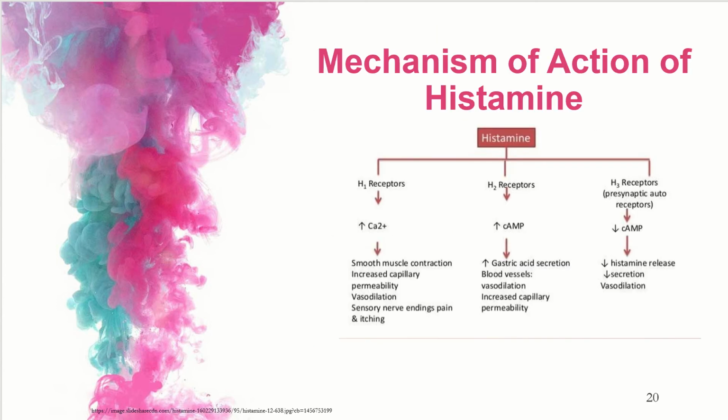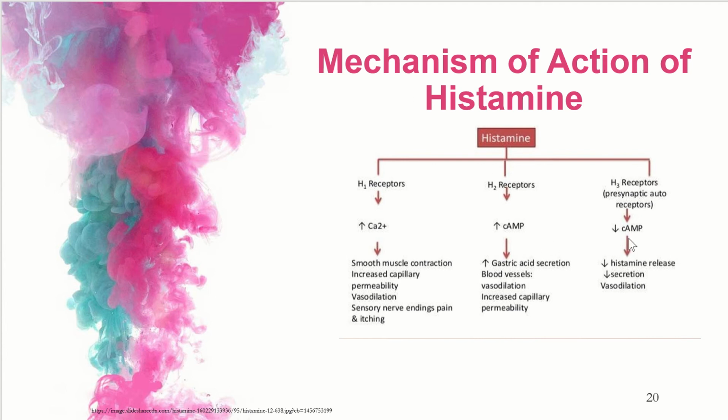And just to summarize what was on that previous slide in terms of the mechanism of action of histamine, we're saying that for the H1 receptors, it causes an increase in calcium ions, which therefore causes smooth muscle contraction, increased capillary permeability, vasodilation, sensory nerve ending pain, and itching.